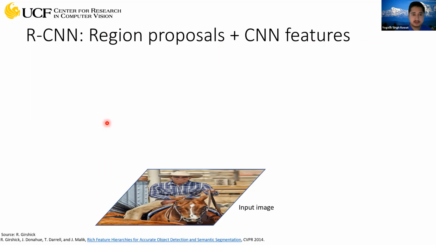The way this method works is you have an input image. Then you run that selective search algorithm on this image, which will give you all the potential regions, or the proposals, which can be objects in this image. So you will have bounding boxes around those regions.